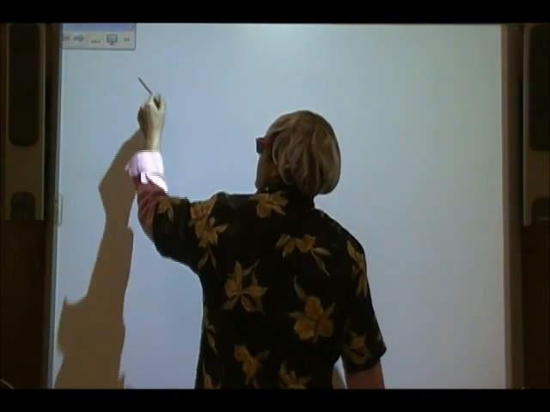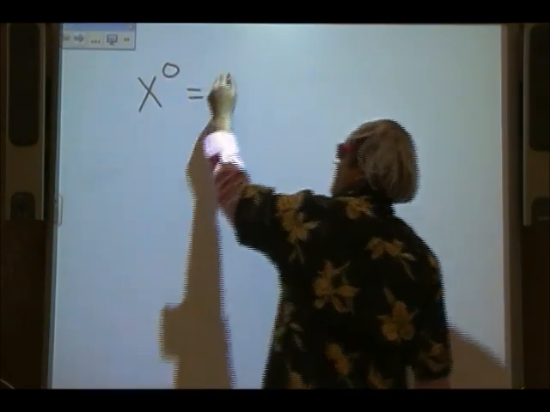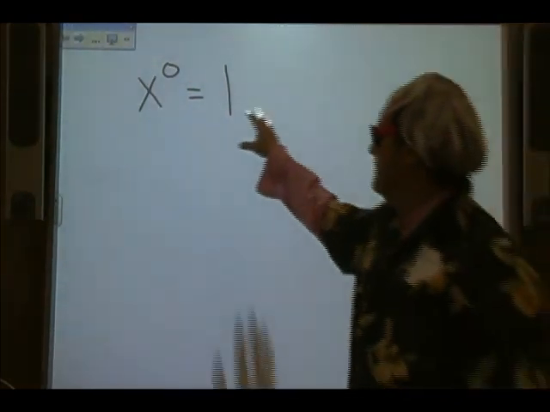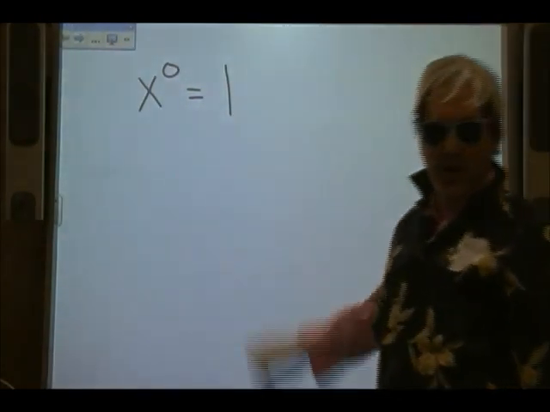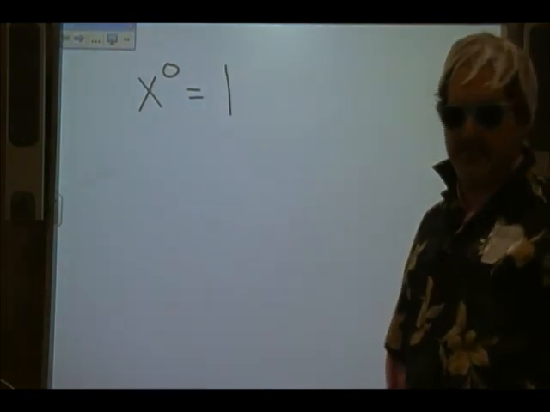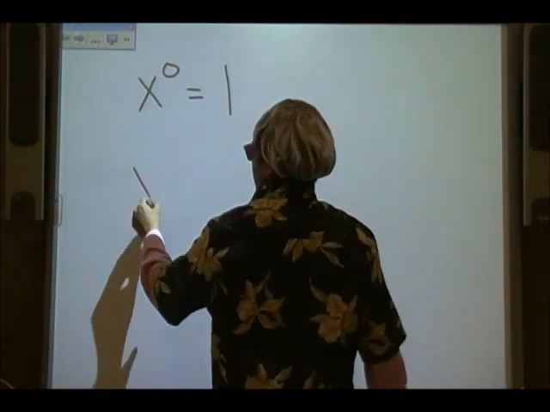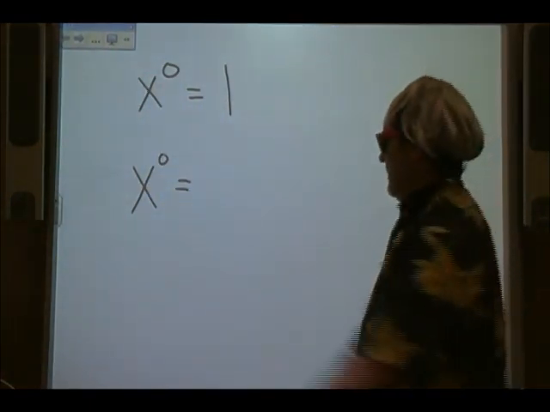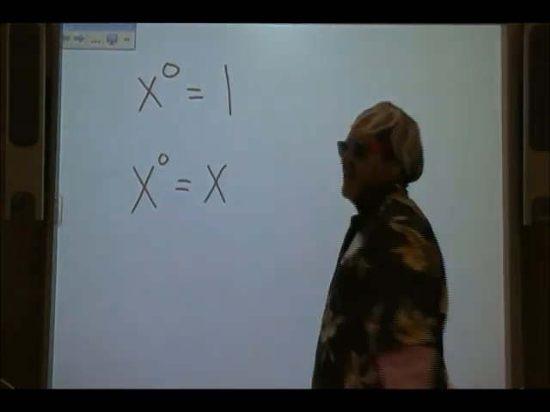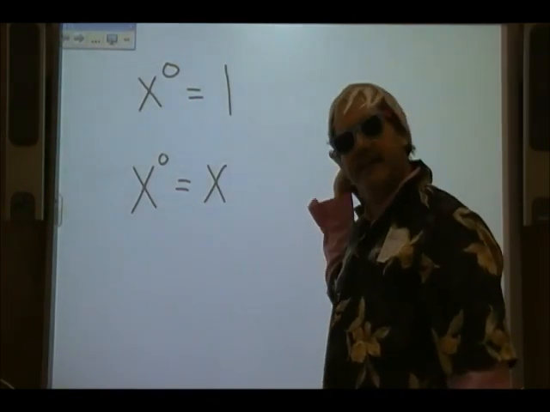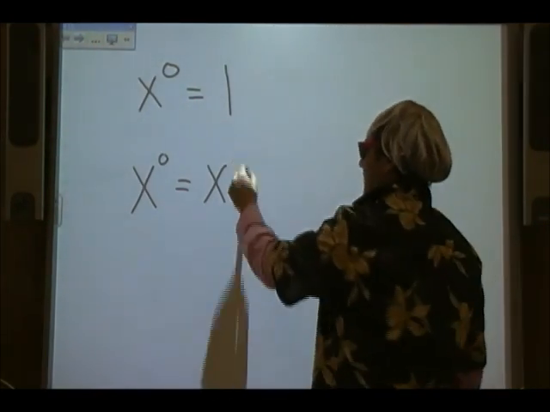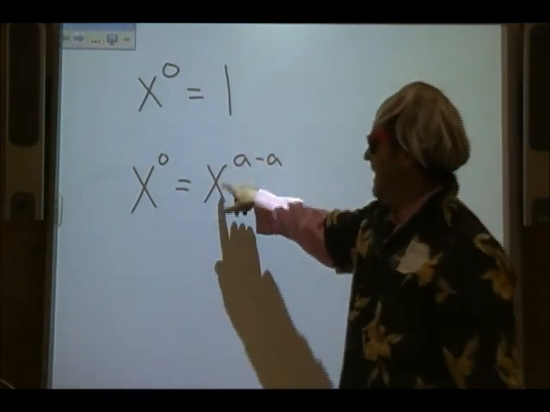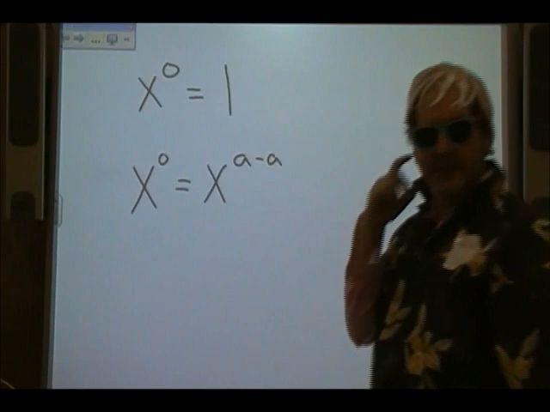Now, sometimes you get a power to the 0 and it equals 1. And everybody knows any number to the 0 is 1. But why is that? Well, let's see. X to the 0. Well, what could get me 0 is if I take any number and subtract it by itself. So I'll call this a. A minus a. So this is x to the a minus a, which is 0.